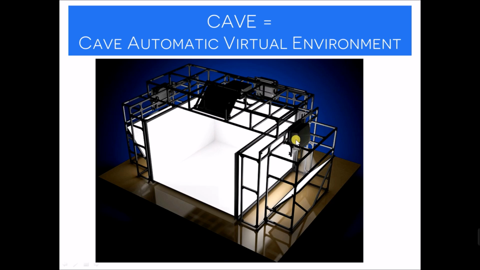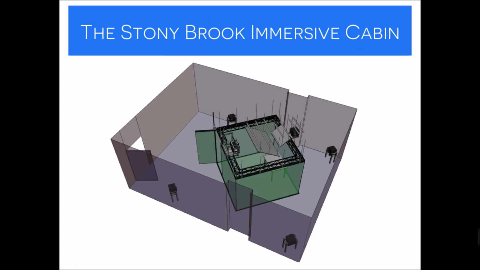In this particular configuration, there's a projector here that projects onto this mirror, and then this mirror projects onto the screen. There's also this projector here that projects on this mirror, and this mirror projects down on the floor. There are many ways to make a CAVE.